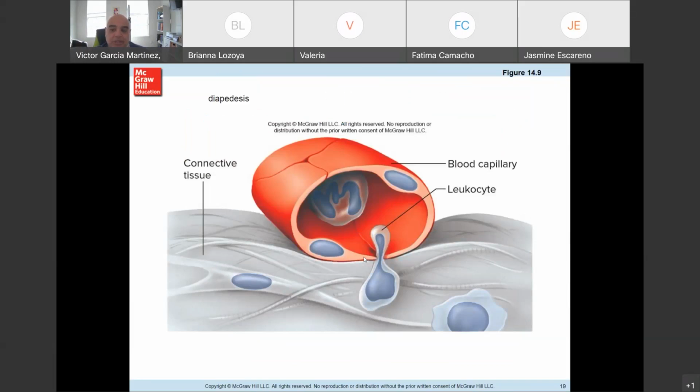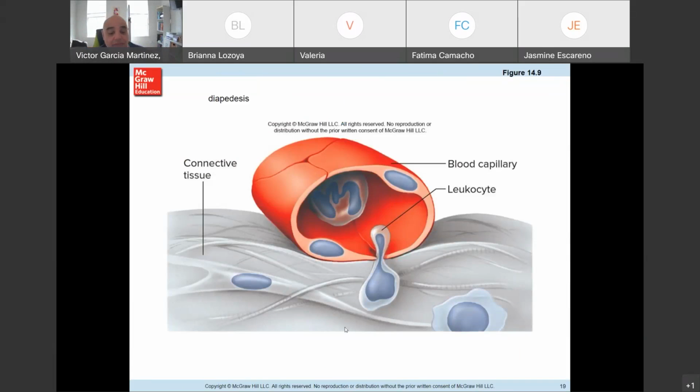Guys, now we're going to talk a little bit about white blood cells. If you remember the main function of the white blood cells, or leukocytes, which is a synonym, they are in charge of our protection against infections. Then they have several functions.